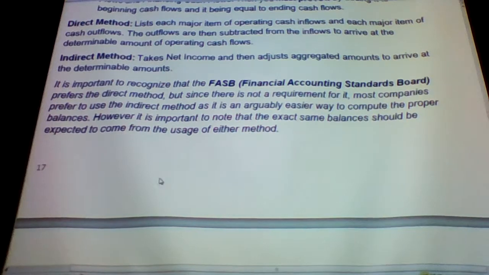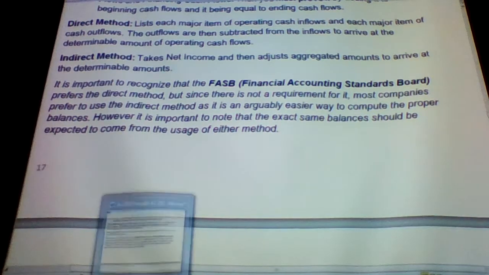Okay, so we're now done here. We're going to go over here to an Excel problem. And basically, all I'm going to show you here is a pro forma statement of cash flows using the direct method. Again, we have the Brooks Incorporated statement of cash flows for period ended 12/31/2014.